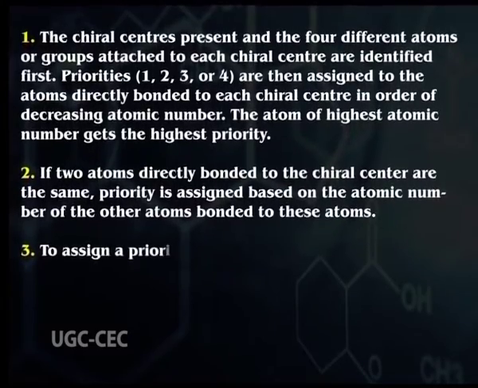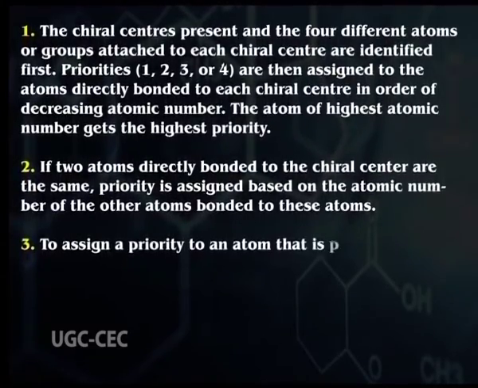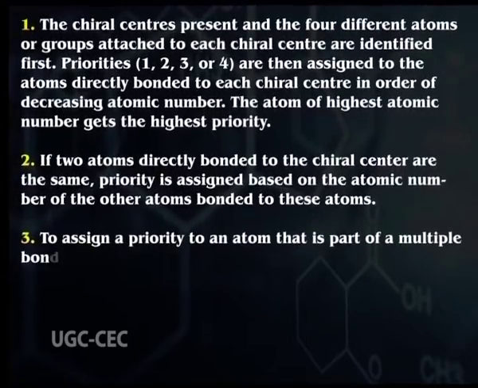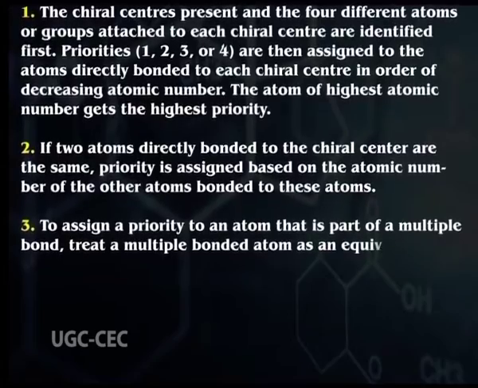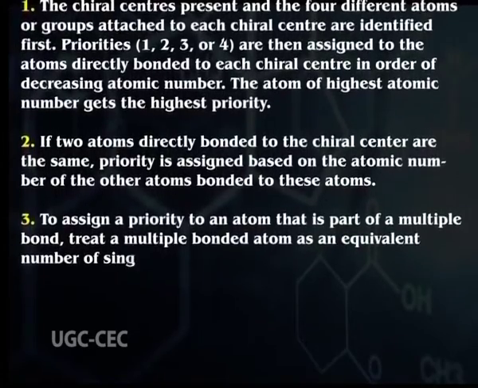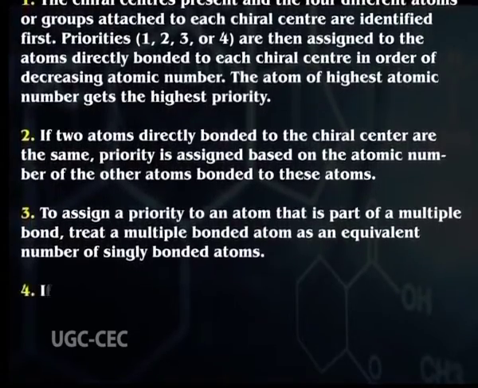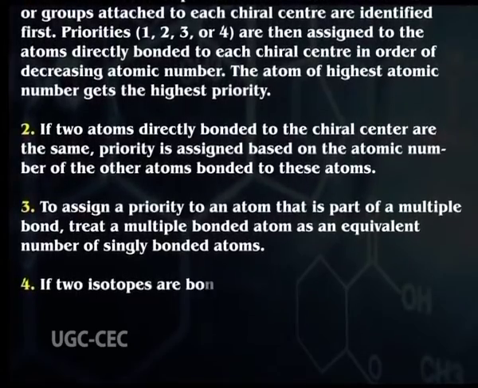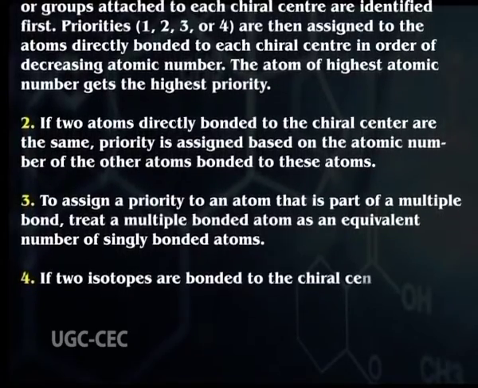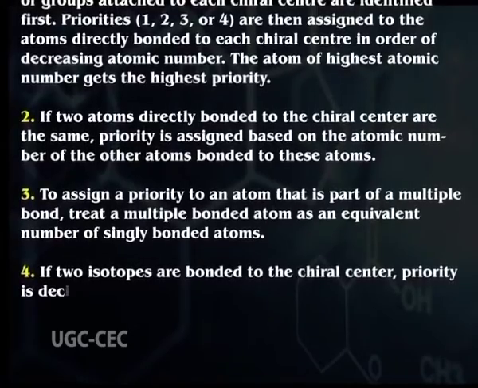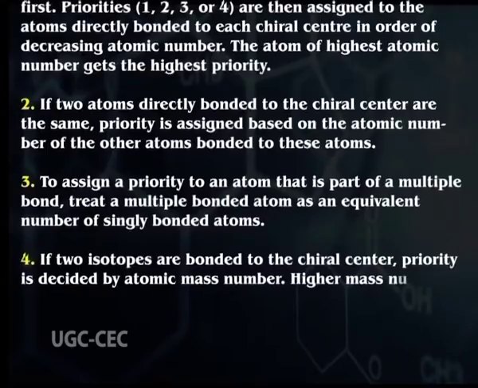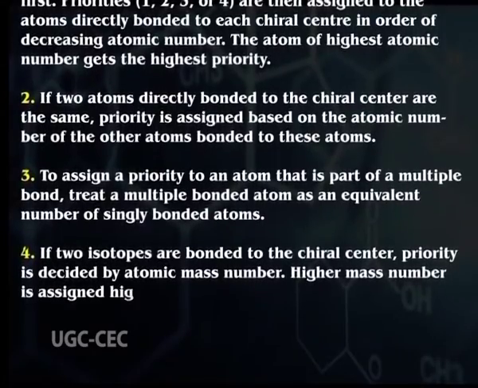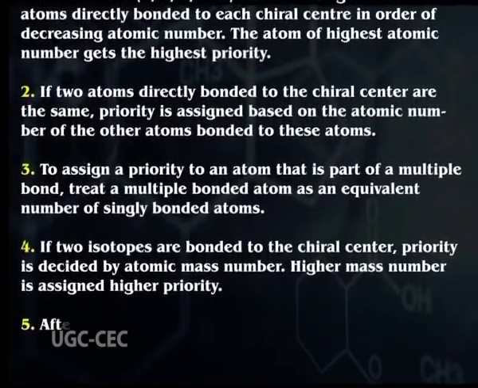Number 3, to assign a priority to an atom that is part of a multiple bond, treat a multiple bonded atom as an equivalent number of singly bonded atoms. Fourth, if 2 isotopes are bonded to the chiral center, priority is decided by atomic mass number. Higher mass number is assigned higher priority.